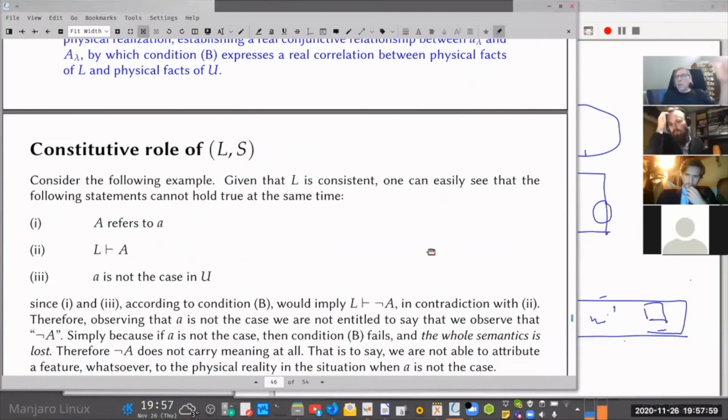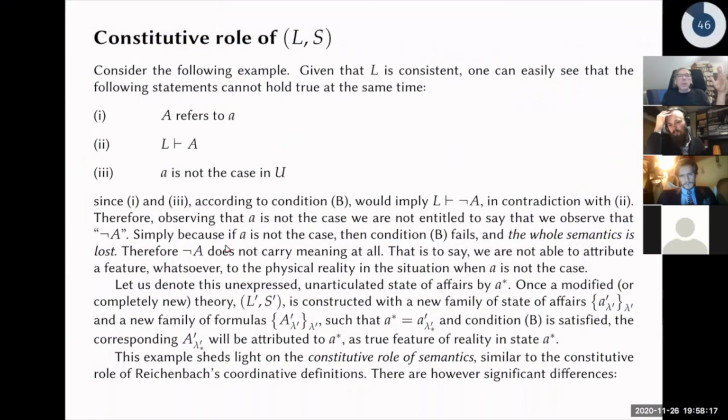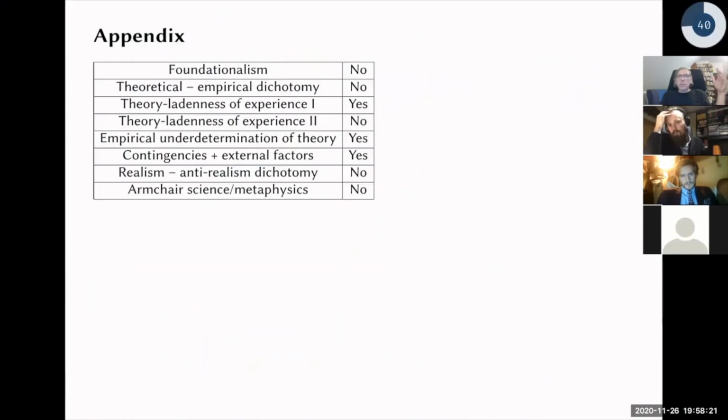My claim is that there is no such conceptual scheme, because nothing is conceptual here. We have only the meaningless.